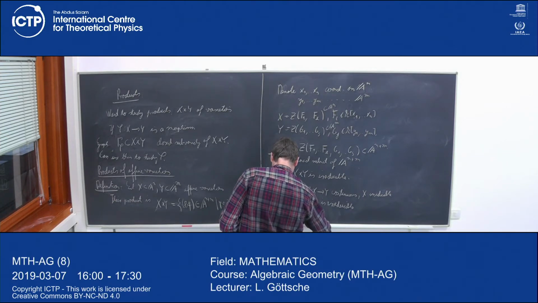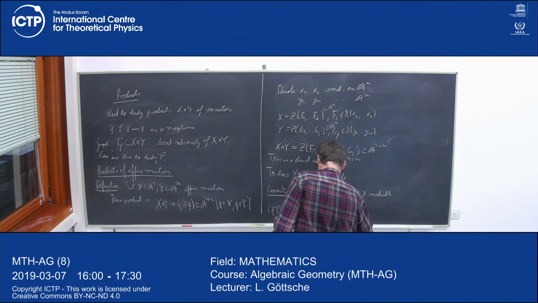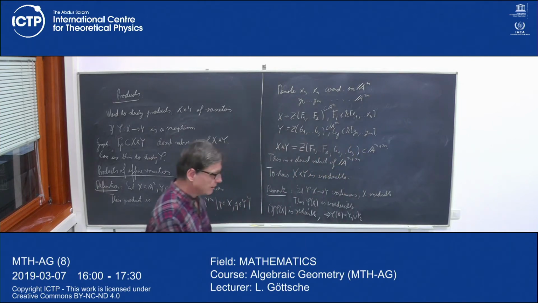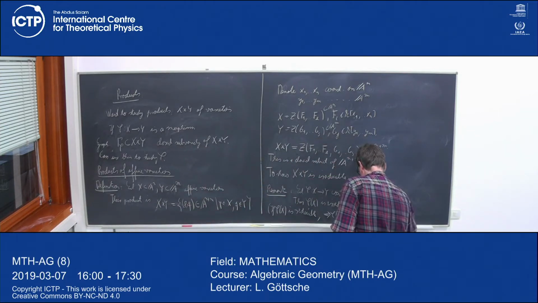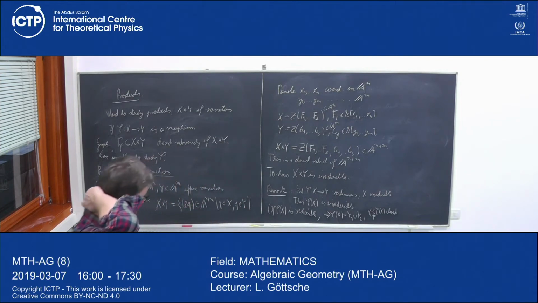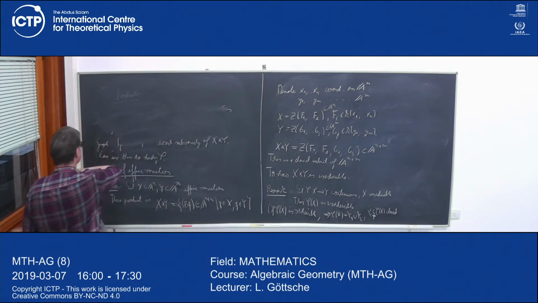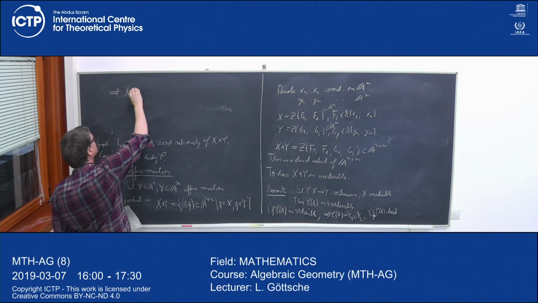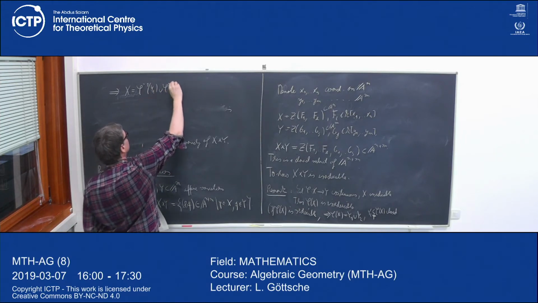If it's reducible, then we can write phi of X equal to Y1 union Y2, where both Yi are closed subsets of phi of X, and none of them is equal to phi of X. So thus I can take the inverse image: X is equal to phi^(-1) of Y1 union phi^(-1) of Y2.